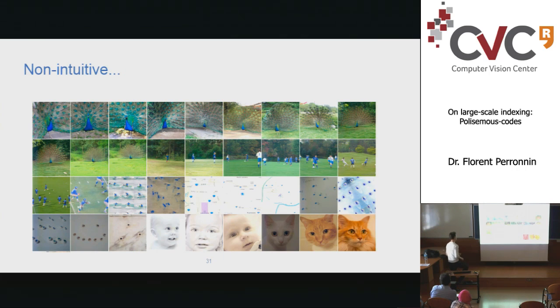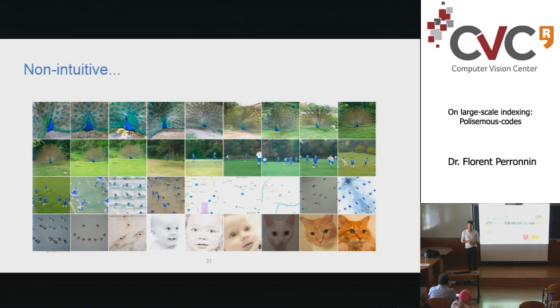And similarly here, going from a peacock to a cat, where you can see first how the peacock zooms out, and then it turns into a jogger, football player, etc. A map, and then you slowly transition to babies and then cats.